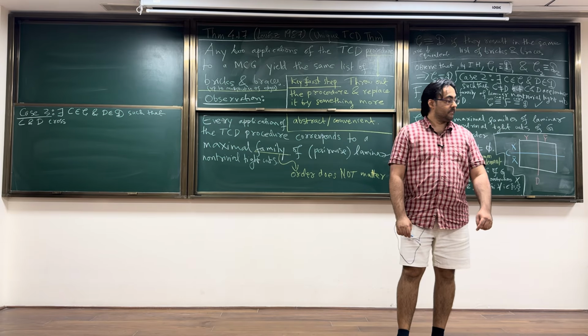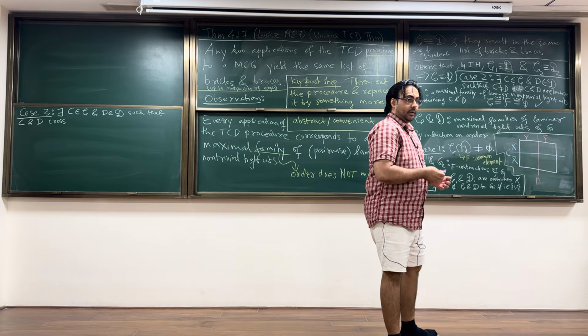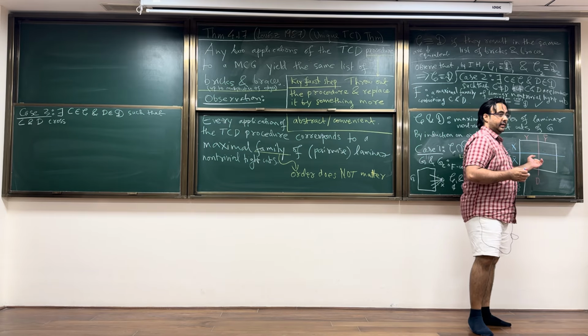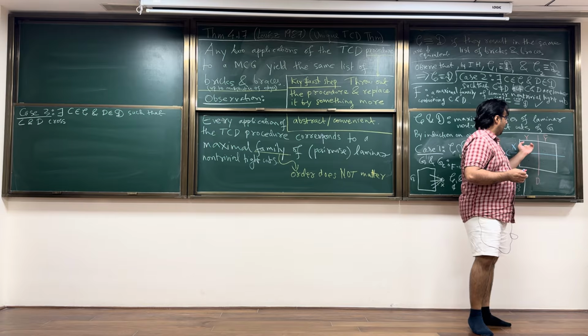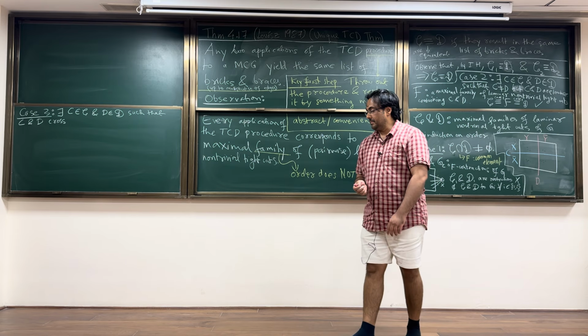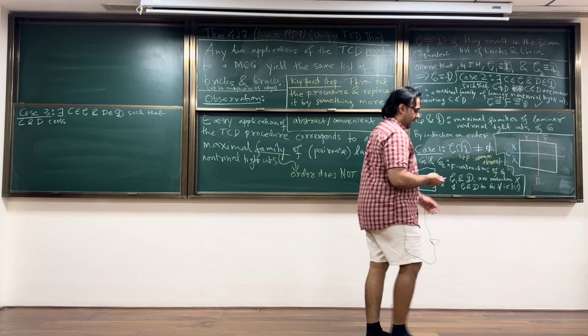For two crossing cuts, I will use the terminology: we will call these the quadrants. Crossing means all four quadrants are non-empty, right? Otherwise they are laminar.